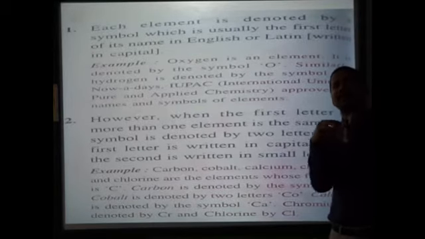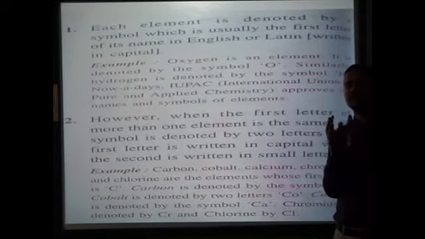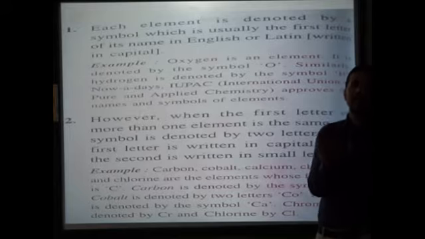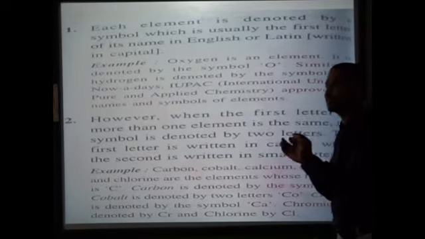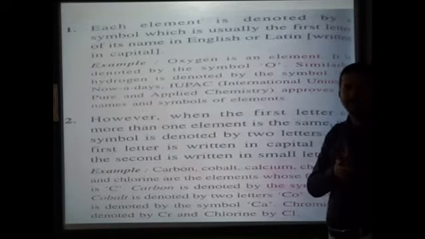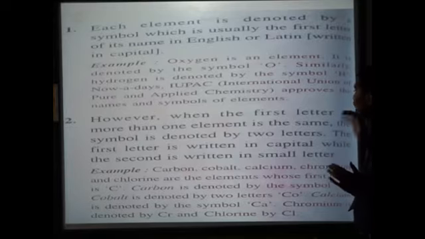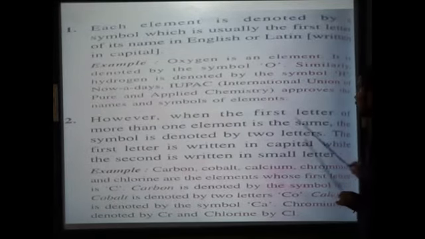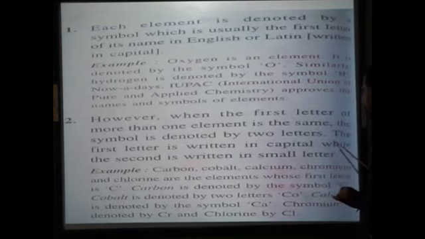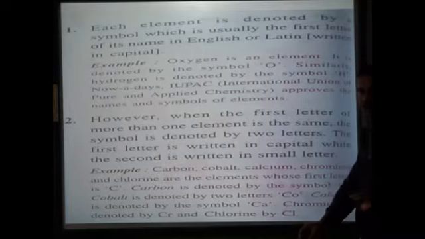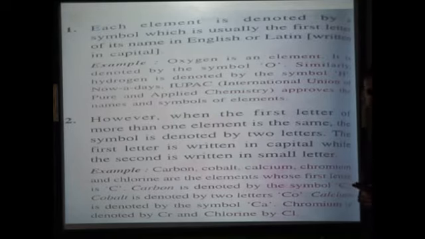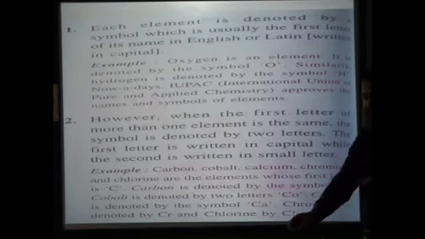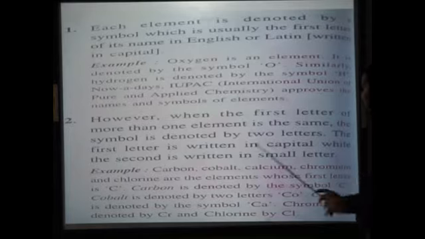Then how to assign symbols to these elements? The symbol is denoted by two letters. The first letter is written in capital while the second is written in small letter.